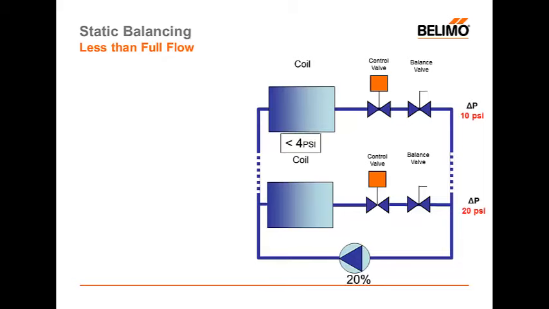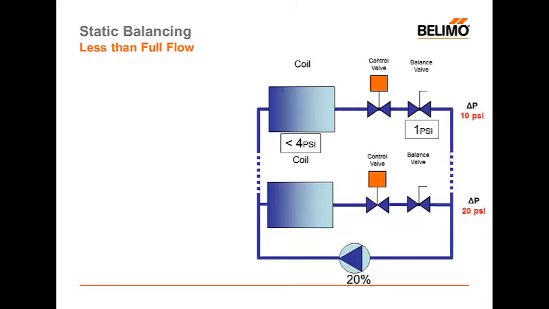At the far branch, my coil at 20% of the flow is not taking a 4 psi pressure drop anymore. However, for the sake of this example, we'll just say that it does. It makes the math a little bit simpler. So if it's still taking a 4 psi pressure drop, the balancing valve, when it was balanced, took a 2 psi pressure drop. Now it's probably taking very close to 0, but we'll call it 1 psi.